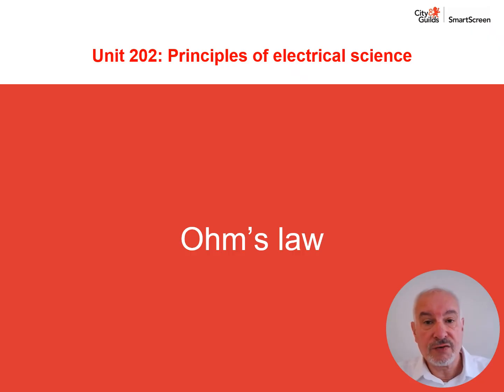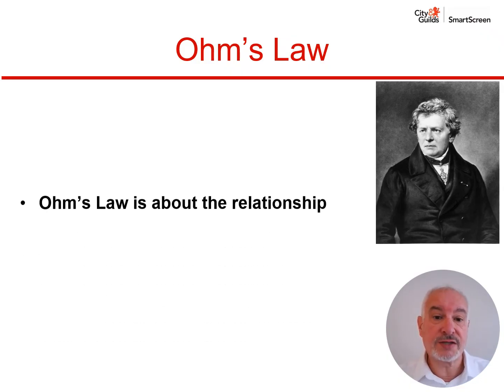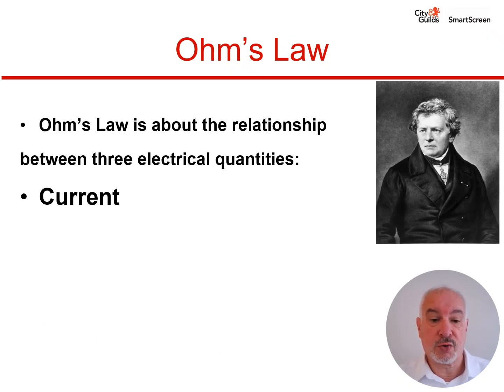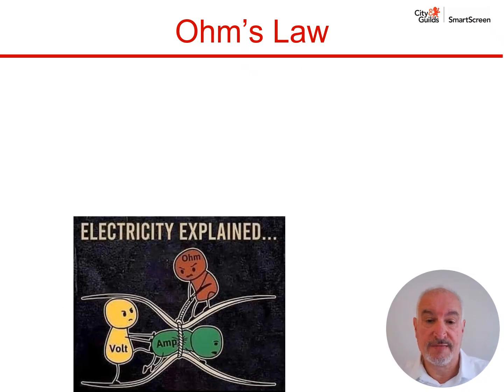This is the second video on Ohm's law, and previously we established that the three quantities that Ohm's law relates to are current, voltage and resistance. The little cartoon there helps us to understand that it's the voltage that is pushing the current through the circuit against the resistance.